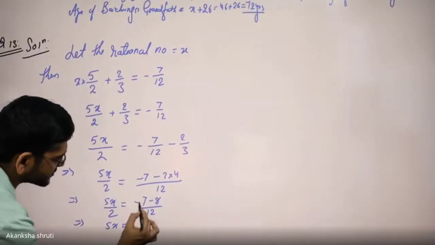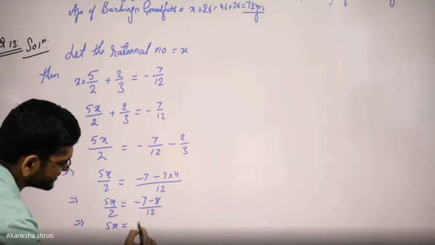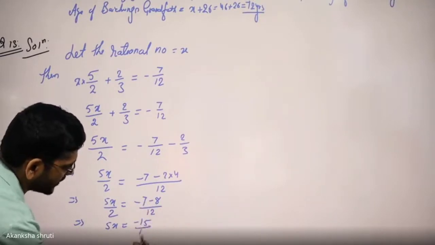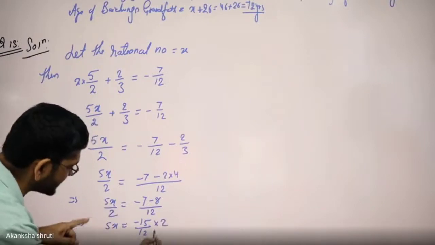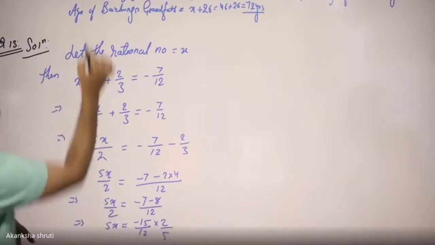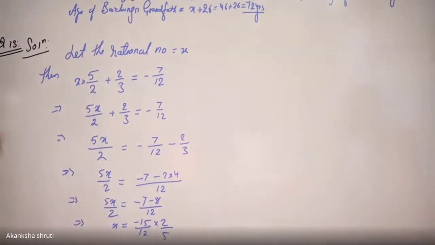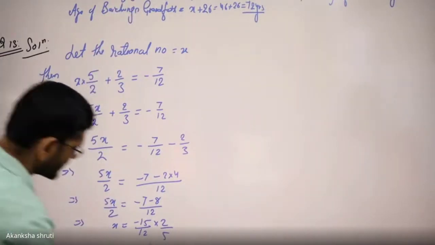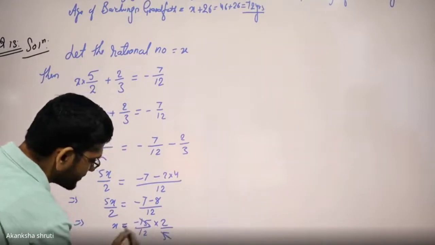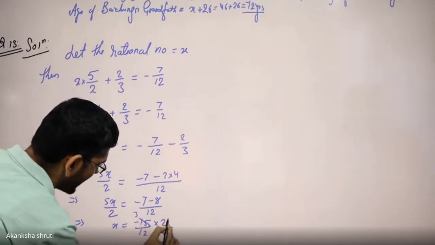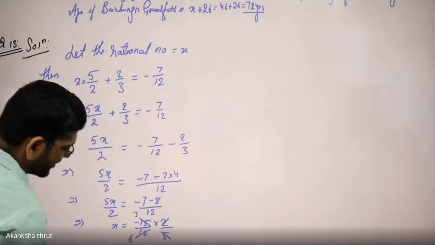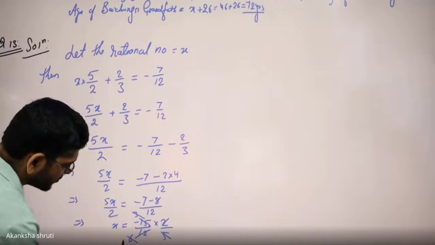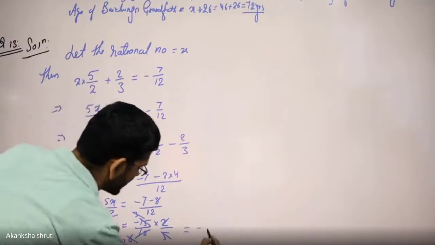So 5X by 2 is equal to minus 15 by 12. First you need to simplify this. This 2 will come to the numerator and this 5 will come to the denominator. We can directly calculate this X. So 5 3s are 15, and 12 6s are 12, and 3 2s are 6, minus sign is already there.